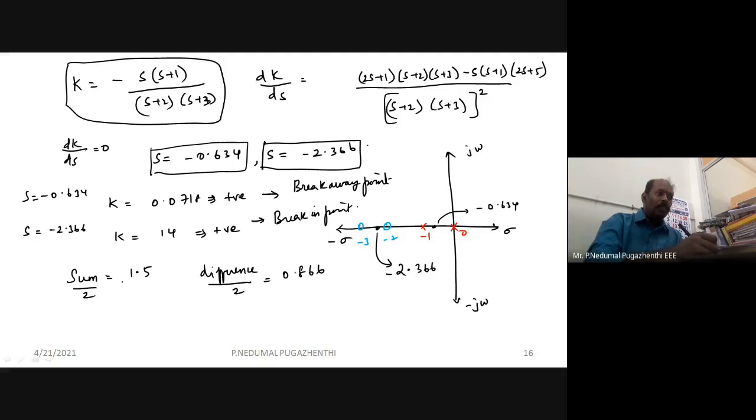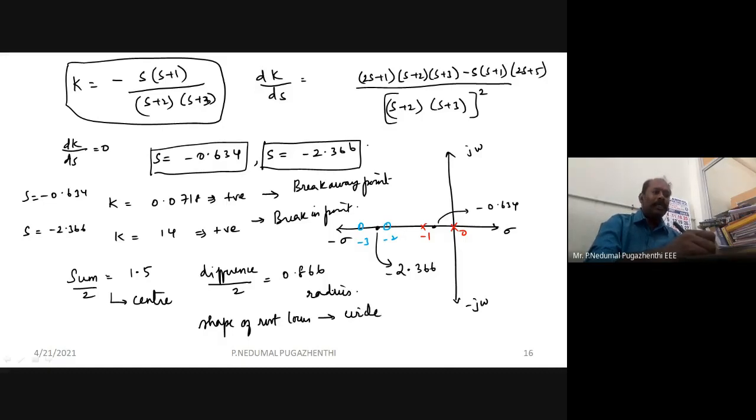So what do these two calculations provide? This provides the structure of the root locus, and this is going to be your center, and this is going to be your radius. You will get a root locus of circular shape.